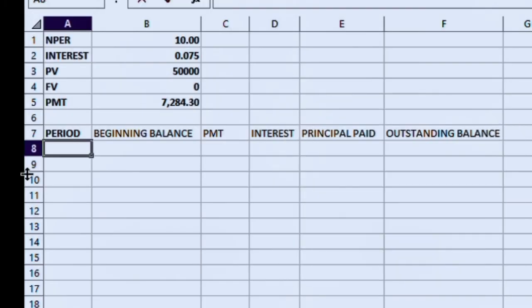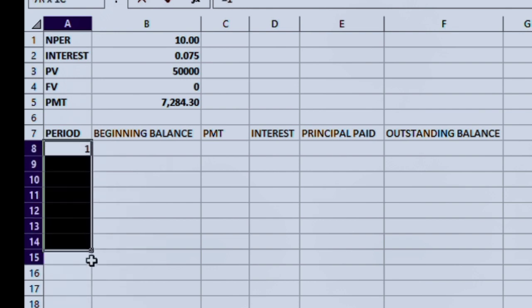Now, let's start creating an amortization schedule. You can see we have period, beginning balance, PMT, interest, principal paid, and outstanding balance. Our period here will end at 10. So, click equal sign, 1, enter, then highlight, drag down up to 7, then series, stop value to 10, enter.